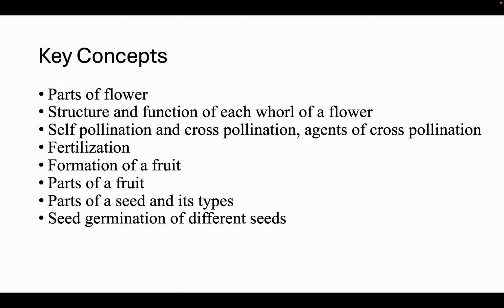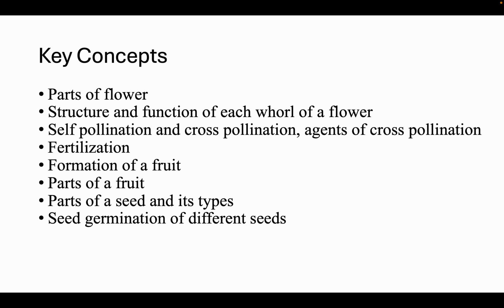Now, what are we going to study in this chapter? A couple of key concepts. This is just a lesson plan, what I call. We'll study the different parts of a flower and the structure and function of each part. Self and cross pollination and agents of cross pollination. You have already studied these things in your previous classes, in 5th grade.